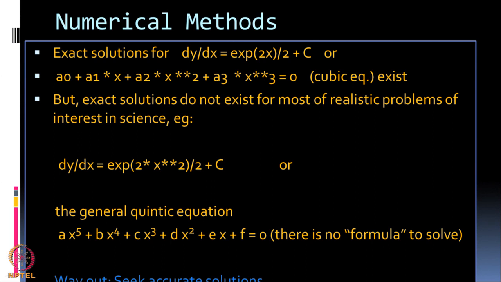When there are no exact formulae, you are forced to use what are called numerical methods. Numerical methods are techniques which you can use to find approximate solutions to complex problems, and the good thing is that whatever solutions you get, you can try to make them as accurate as you want.